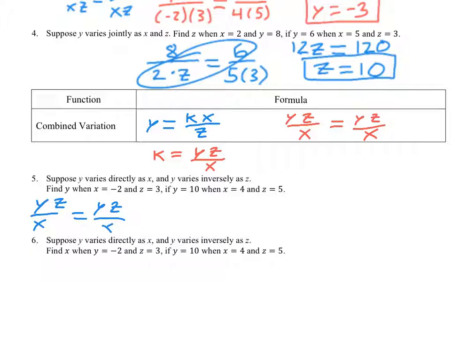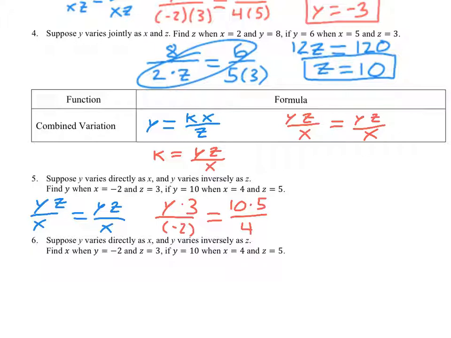Find y when x equals -2. So we don't know what y is. X is -2. Z is 3. If y equals 10, when x equals 4, and z equals 5.